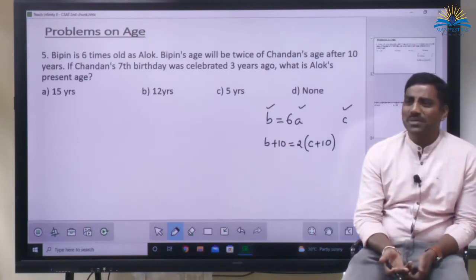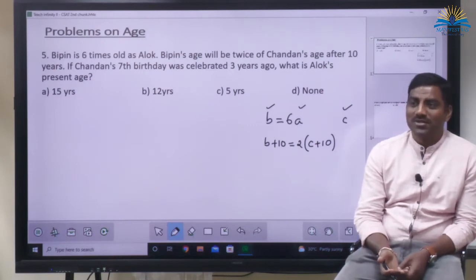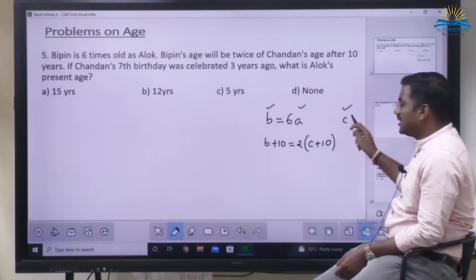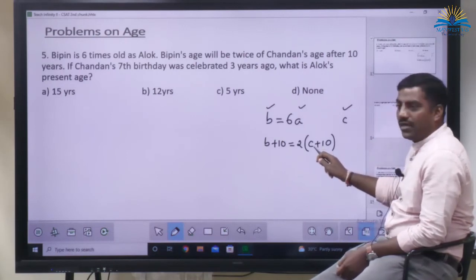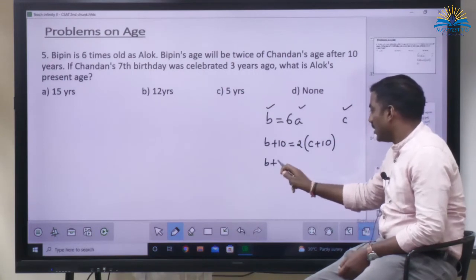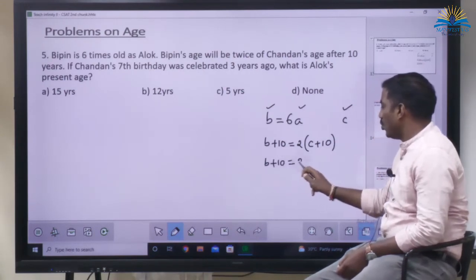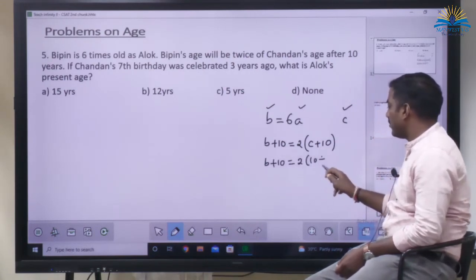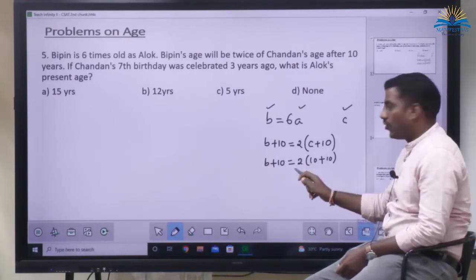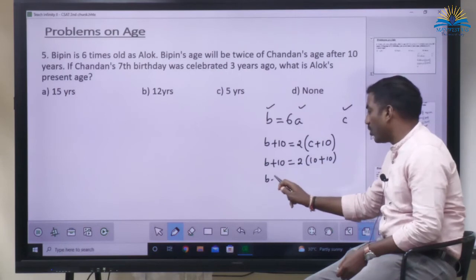Do you need pen and paper for this? No. So what is the age of Chandana now? Chandana's age is 10. Can I put it directly here? So B plus 10 is equal to 2 times (10 plus 10). So 10 plus 10 is 20, 20 into 2 is 40. B plus 10 is equal to 40.